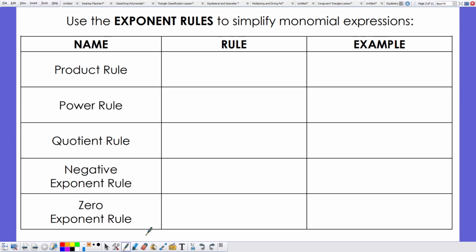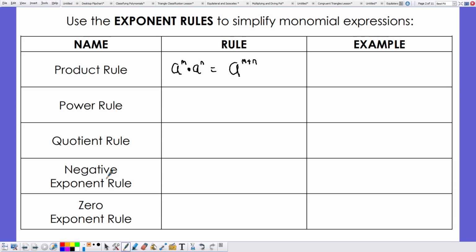The product means multiply. And what the product rule states is that if you have a to the mth power times a to the nth power, your result would be a to the m plus nth power.